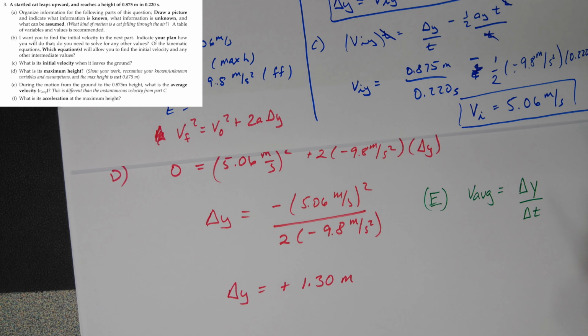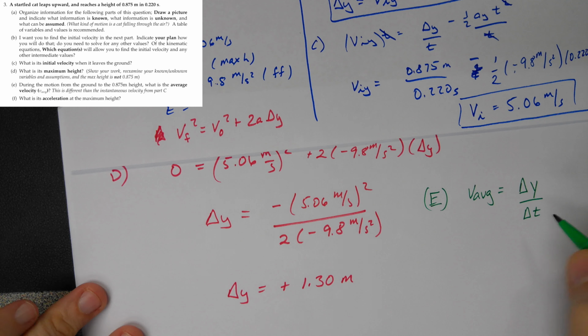During the motion up to 0.875 meters, what is this number?